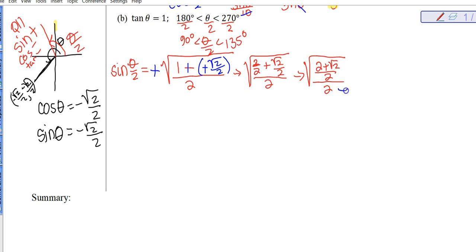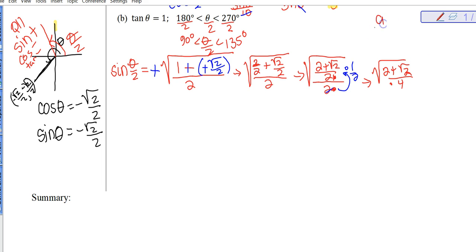So now we'll keep, change, flip times half. So we get the square root, not so massive anymore, 2 plus the square root of 2 over 4. And I'm wondering if you're catching on, when my denominator's not a fraction, that I'm just multiplying this number times this number. 2 times 2 is 4.